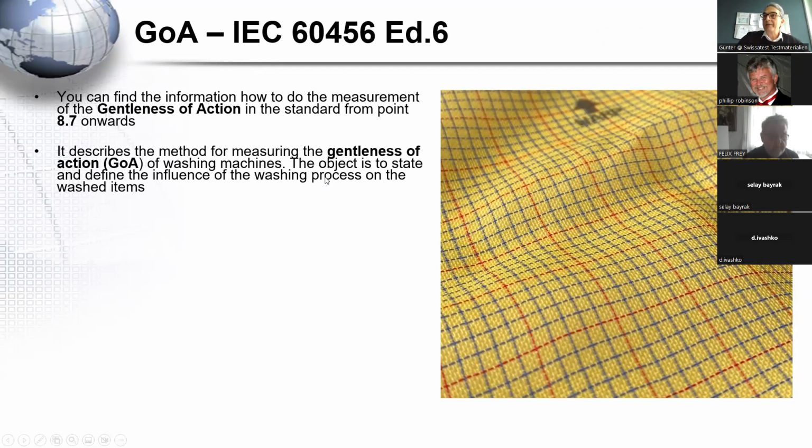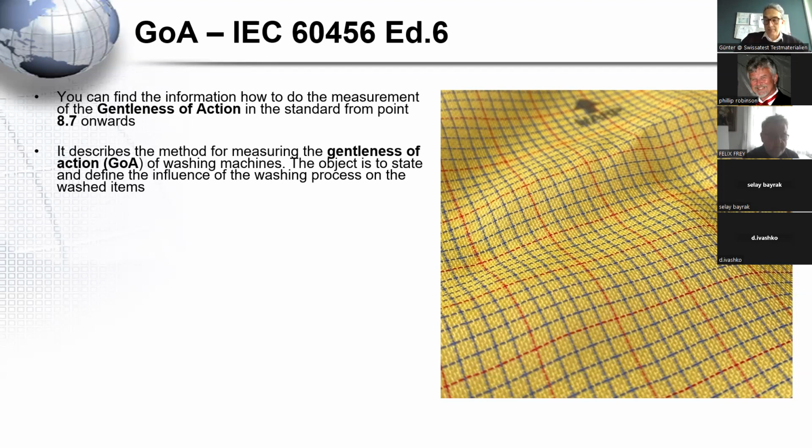Now we dive a little bit deeper into the testing and the usage of the GoA material, and you find information about the gentleness of action of the testing under point 8.7 in the CD2.